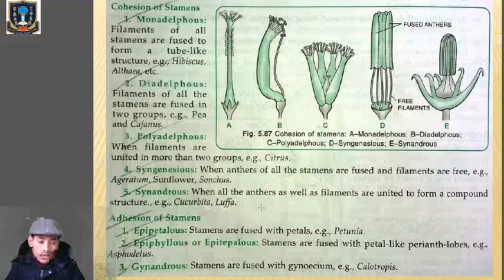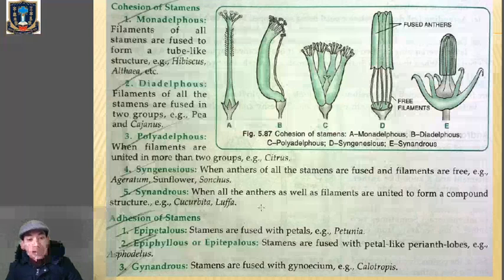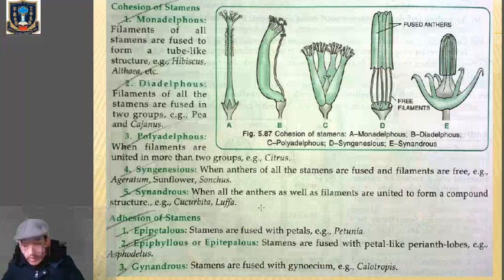So when the stamens are fused with the petal-like structures, then they are called epiphyllous, found in the flower called Asphodelus. Then you have gynandrous, where stamens are fused with gynoecium. Example, Calotropis. So we have covered the terms cohesion of stamens and the adhesion of stamens. So kindly go through these particular terms.